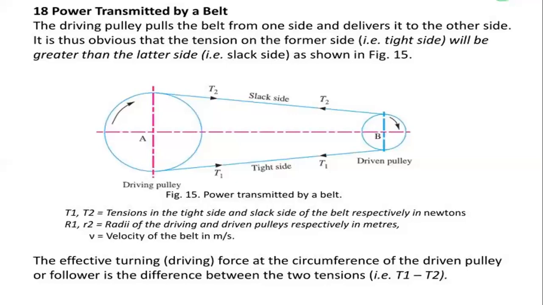So the effective turning force at the circumference of the driving pulley or the follower pulley is the difference between the two tensions, that is T1 minus T2.